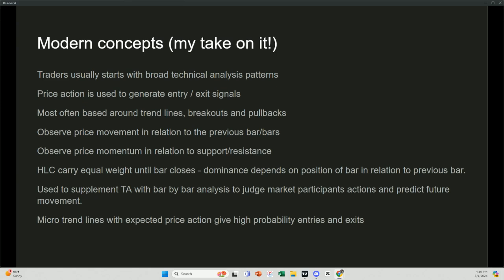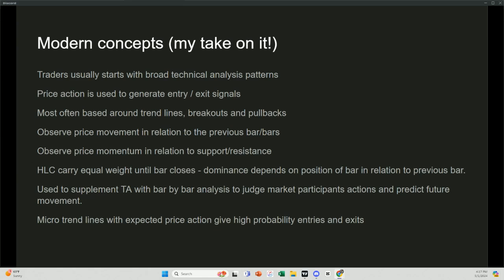The other thing is really about observing how price is moving towards that support or resistance area. The closer it gets, the more you need to be looking at what price is actually doing, and observe it rather than looking at highs, lows, and closes and all that kind of stuff.